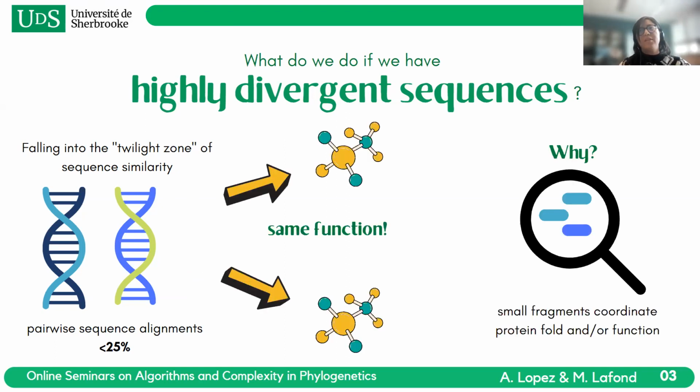It has been shown also that two homologous sequences can share a small percentage of sequence similarity, but they still preserve the same function. One likely cause of this is that the information that is needed to coordinate protein fold or function is encoded in very small fragments.